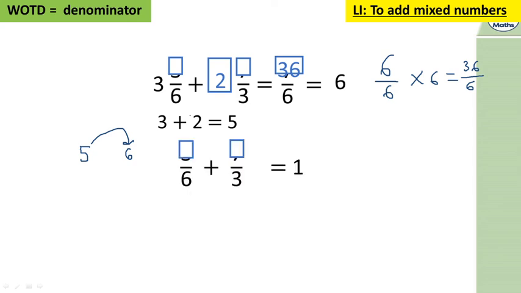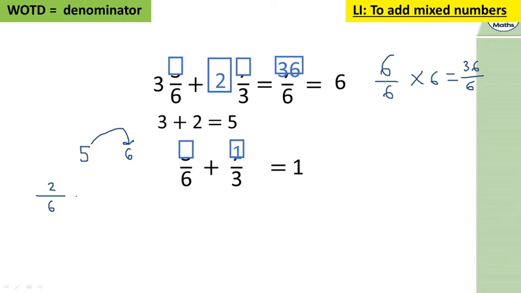So something sixths plus something thirds equals 1. So if we had 1/3, how many sixths do you add to 1/3? I'm just going to write here, what is 1/3 in sixths? 3 times 2 is 6. What we do to the bottom, we do to the top. So 2 sixths is the same as 1/3.